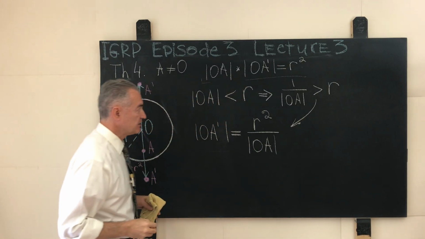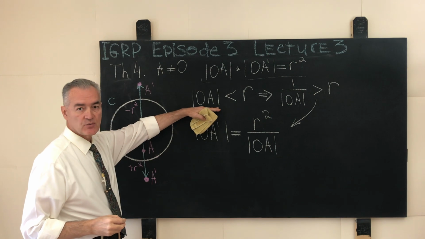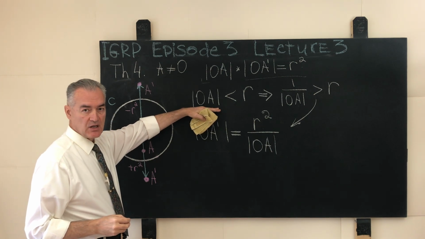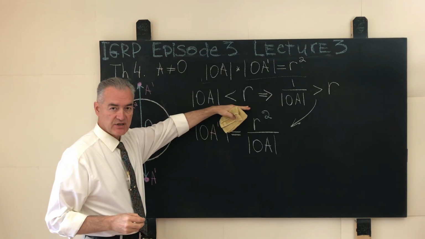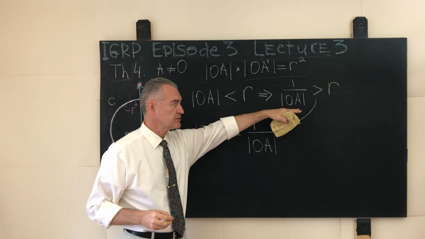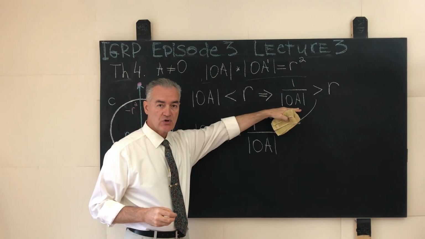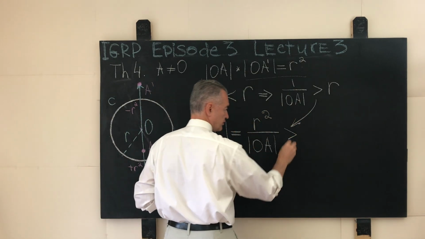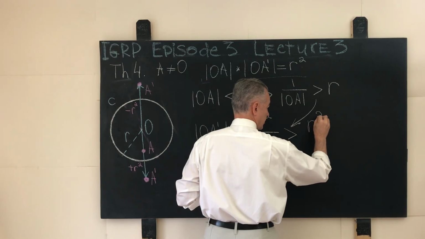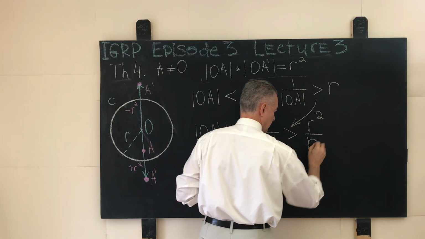That means that since the distance from the center of inversion to the pre-image point is strictly less than the radius of inversion, its reciprocal is strictly greater than the reciprocal of the radius of inversion. That means that the whole thing here is strictly larger than R squared over R.